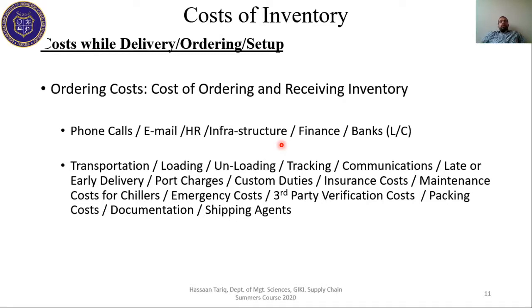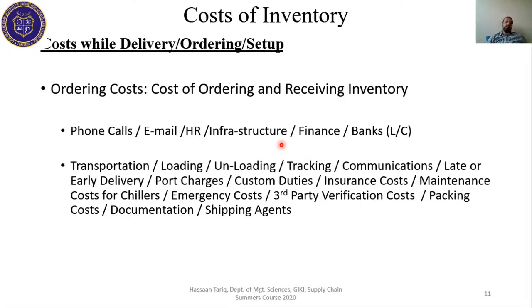Because if you are ordering stuff on credit-based systems, you need to have a letter of credibility to make sure that you have that much amount of money in your accounts. So all these are your ordering costs that can be associated with ordering inventory.